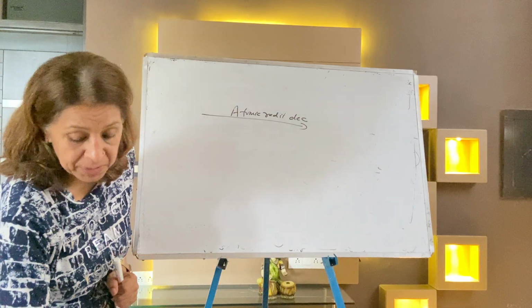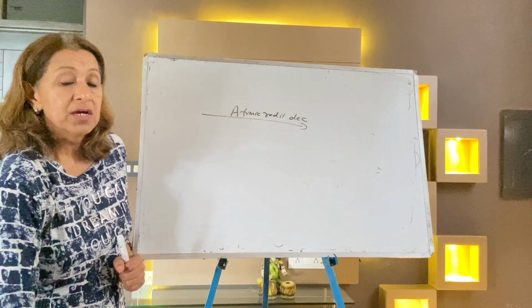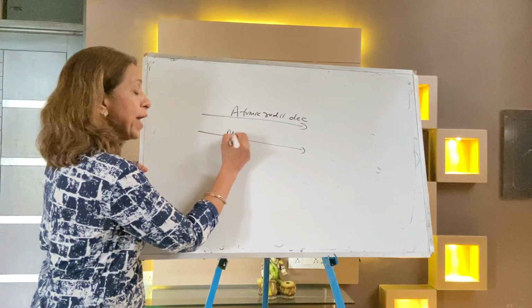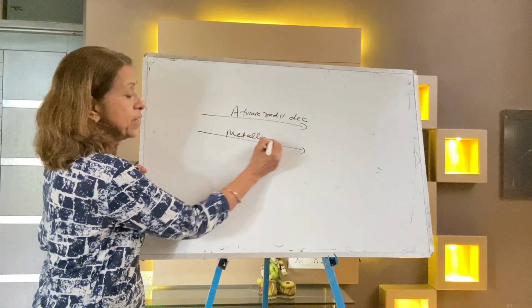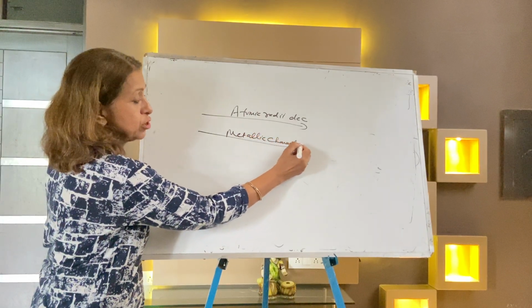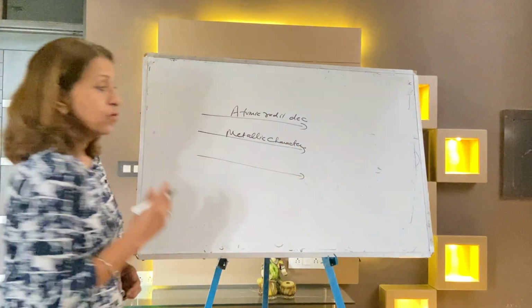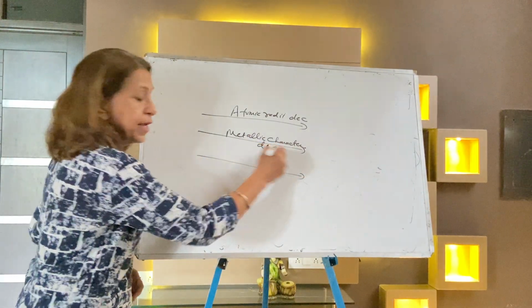The second property is metallic character. Metallic character also decreases in a period. You know why? Because ionization energy increases in a period, and because of that it is difficult to take out an electron.